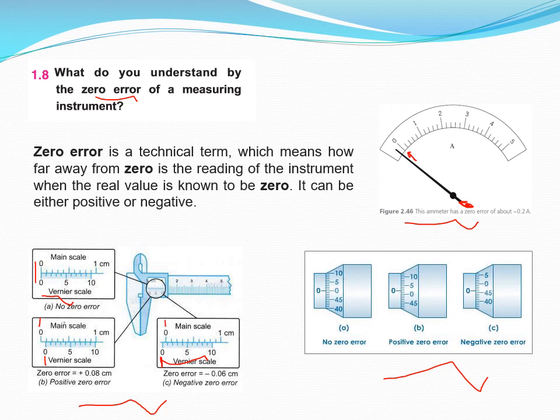Similarly, in case of screw gauge, here there is no zero error because this circular scale zero just coincides with the zero of the main scale or index line. But in case of B, there is a positive zero error because zero is behind the index zero, main scale zero. And in case of C, it's a negative zero error because zero has just crossed the zero of the main scale.